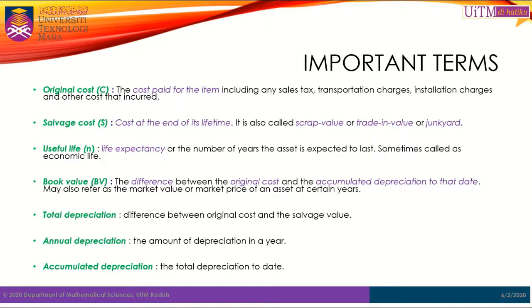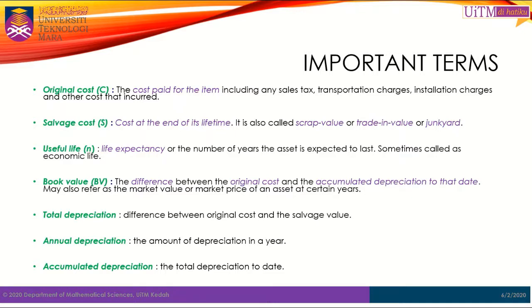This is the difference between the original cost and the accumulated depreciation to that date. So if I say the book value of year 5, BV5, it means the difference between the original cost, C, minus the accumulated depreciation for 5 years. That means it has already depreciated for 5 years, reducing in value for 5 years.